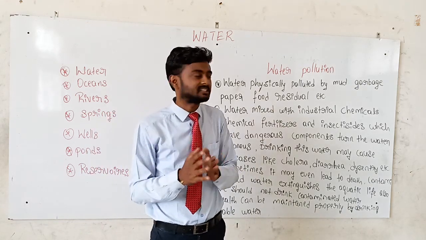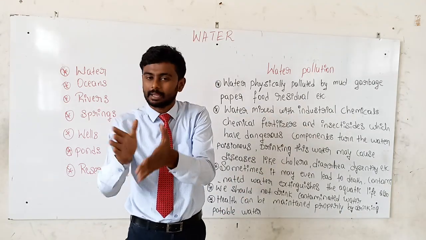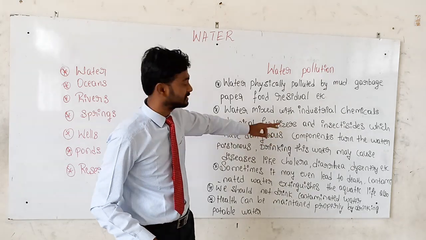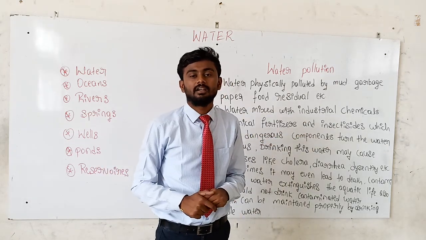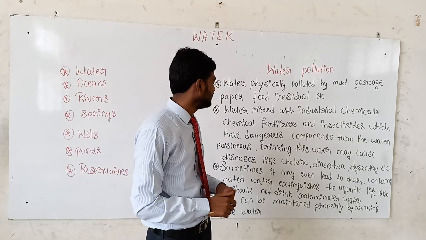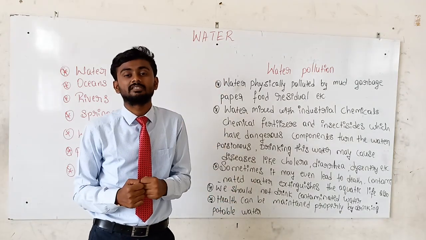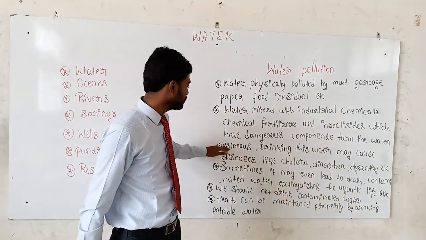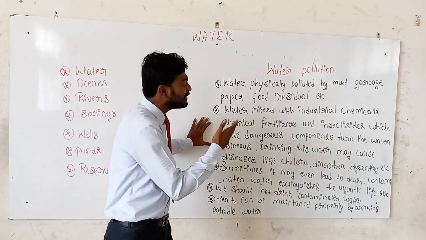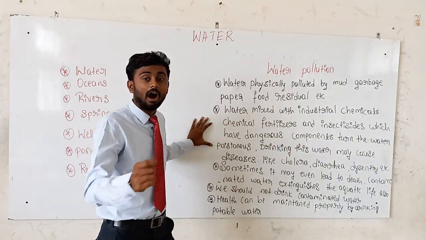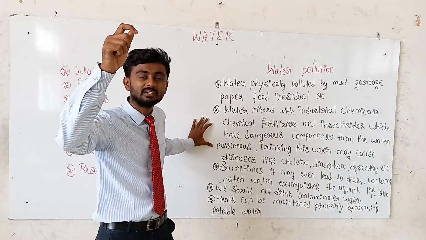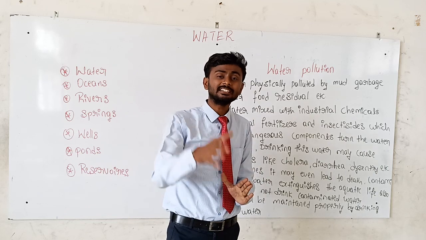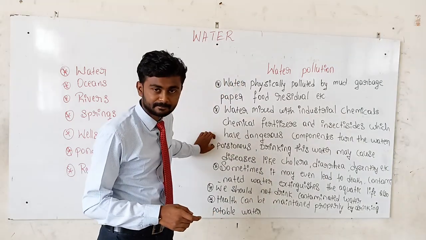If industrial waste like chemicals, fertilizers, insecticides, pesticides, and weedicides, which have dangerous components, are mixed with the water, at that time the water is turned poisonous.